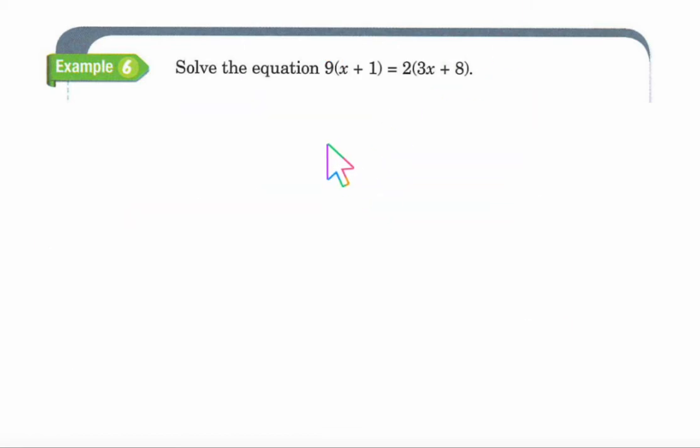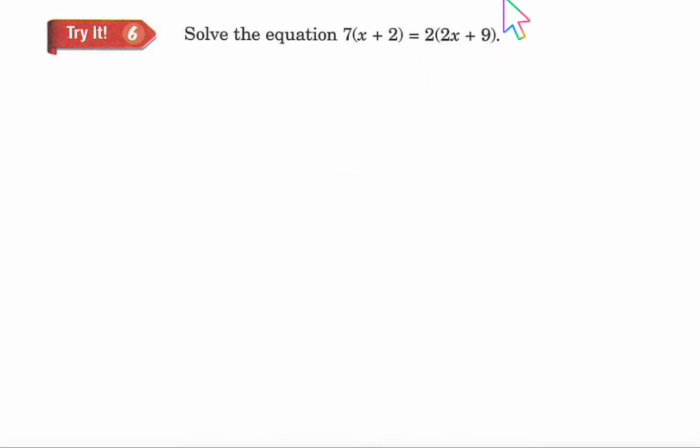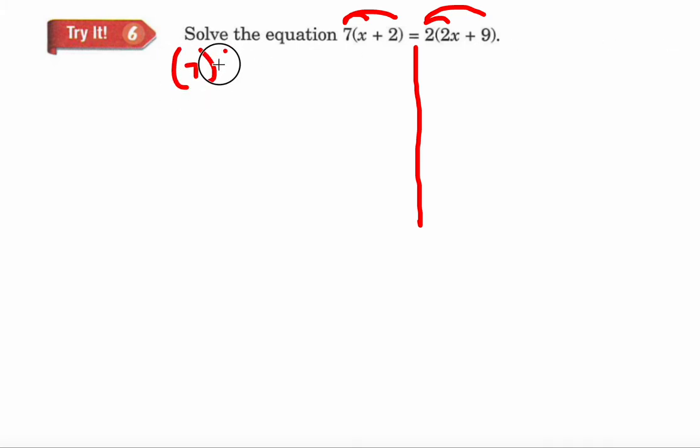All right, let's move on to our next example. Example 6. Go ahead and pause the video, try it on your own first. All right, first step should be to deal with the distribution. So I have 7 times x, 7 times x plus 7 times 2 on the left-hand side.